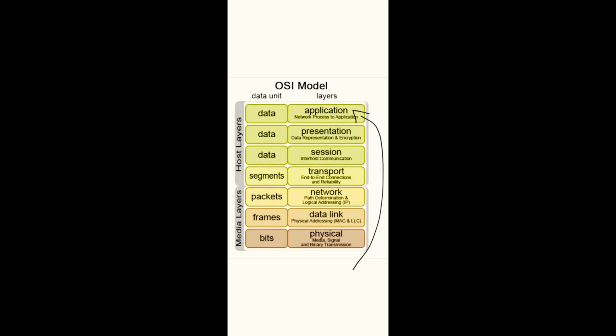Now, some of the protocols that are found within the application layer are going to be the HTTP, which stands for Hypertext Transfer Protocol. The FTP, which stands for File Transfer Protocol.